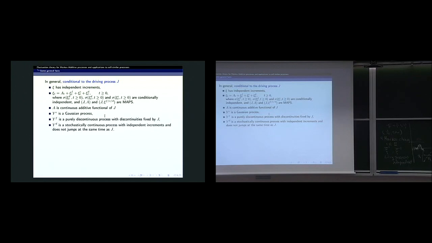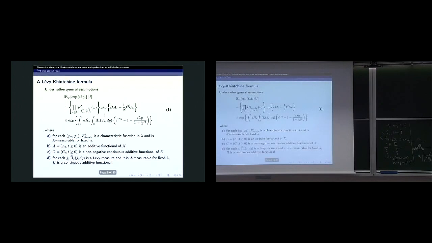Change slide. Okay. So here is the Lévy-Khinchin formula. If we take the position of psi at time t conditionally on J, the exponential of i lambda psi t, we get these three terms. This one is coming from the Gaussian process. This one is the drift.